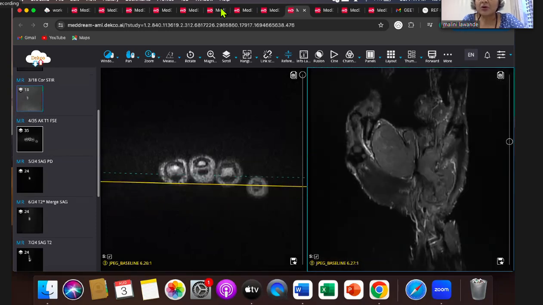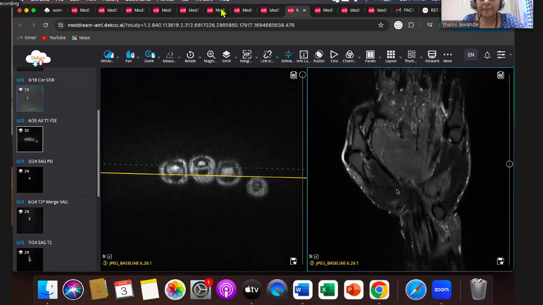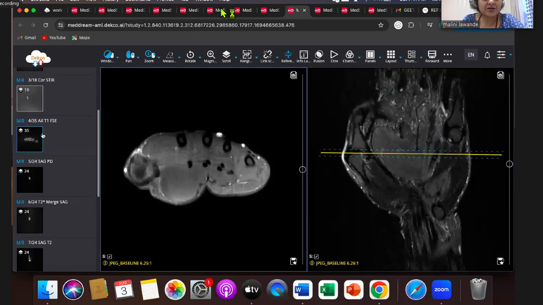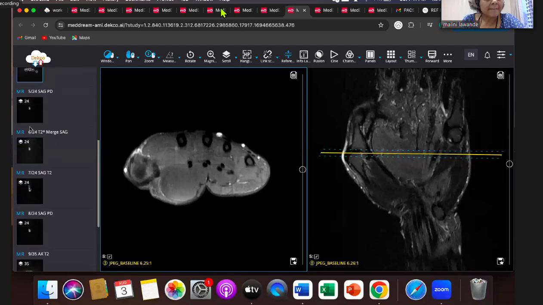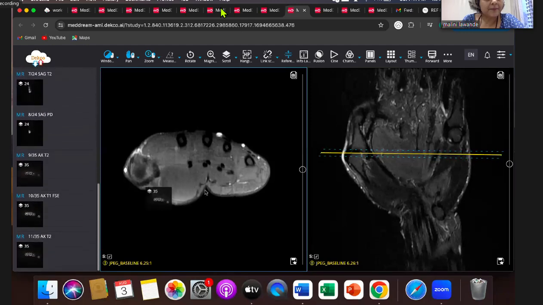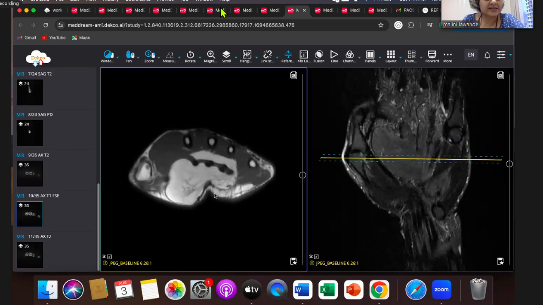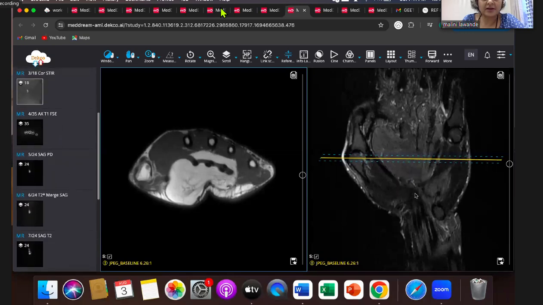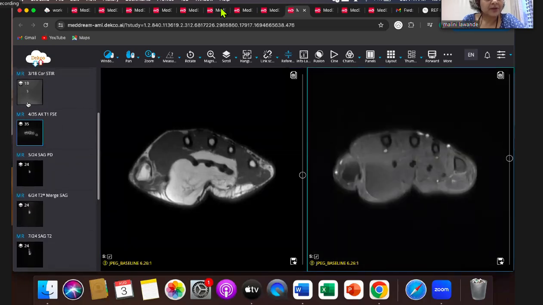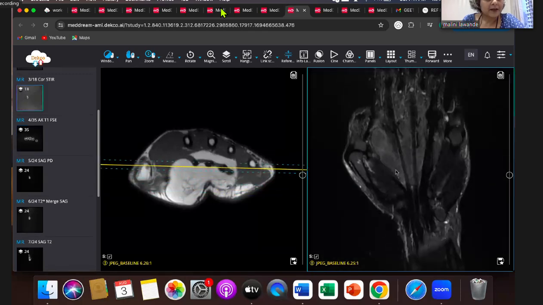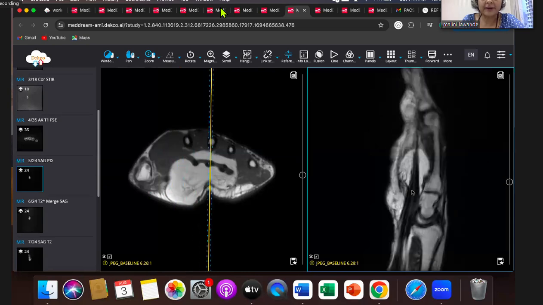This is a T1 weighted image with fat saturation, and this is a plain T1 weighted image. You can see this lesion here, and this is a fat saturated T1 weighted image. This is a STIR image. This is a sagittal PD image.